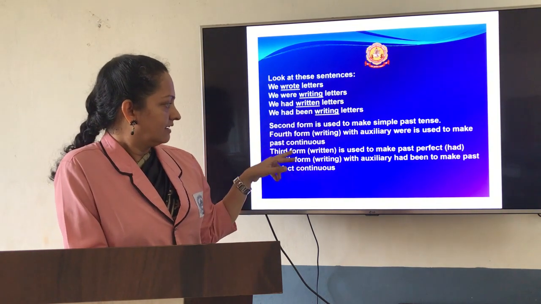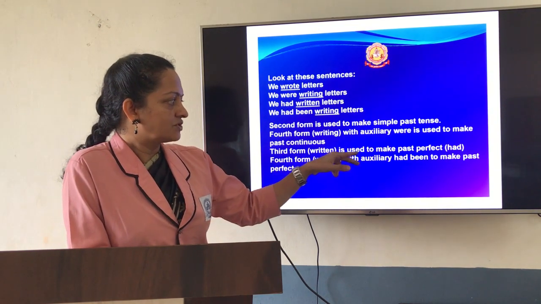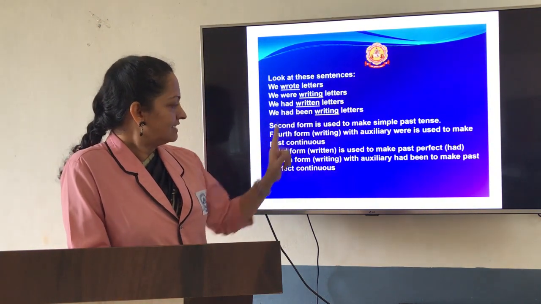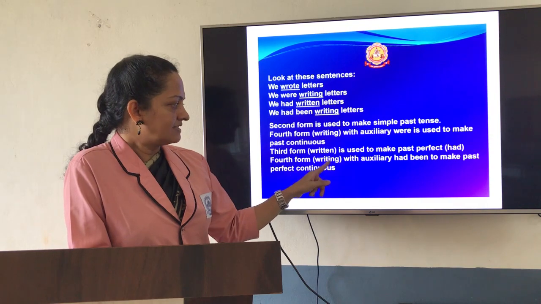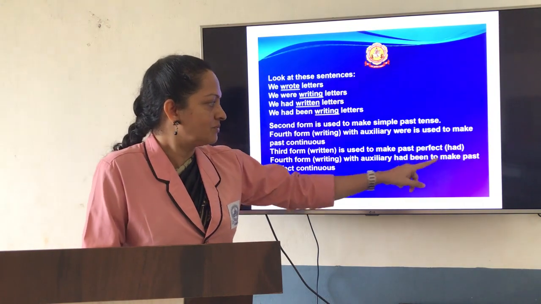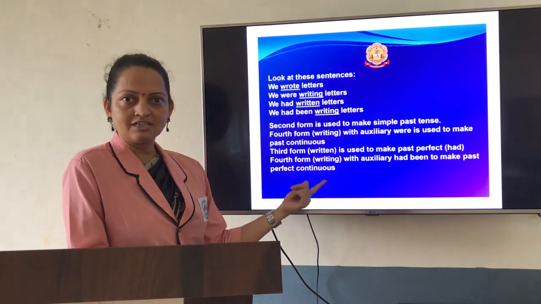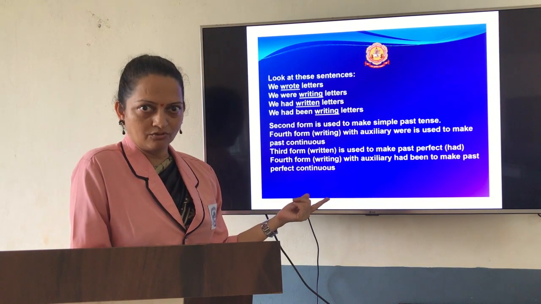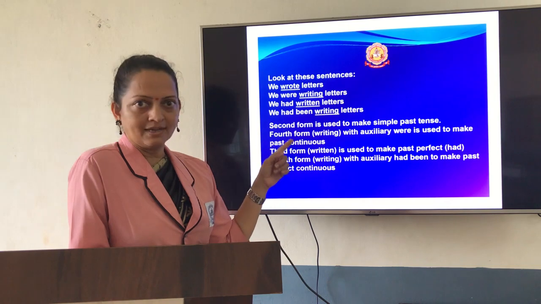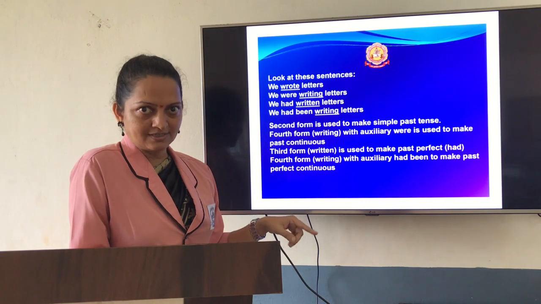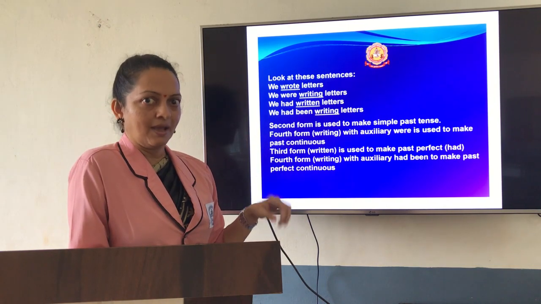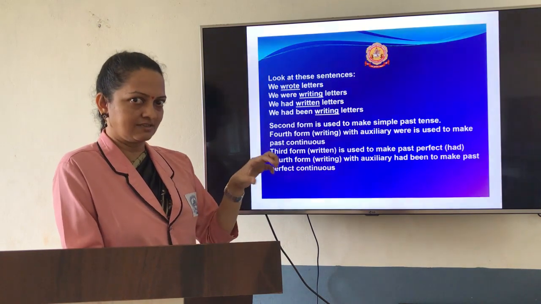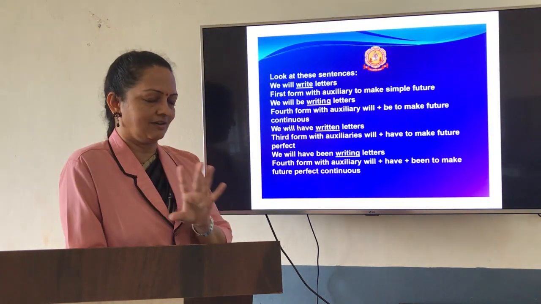Had written: the third form, written, is used to make past perfect. Had been writing: the fourth form, writing, with auxiliary had been to make past perfect continuous. In the same way, you realize we are using all those forms of verbs to make past tense, past continuous, past perfect, and past perfect continuous tense. So we have finished this, just revising 8 tenses.